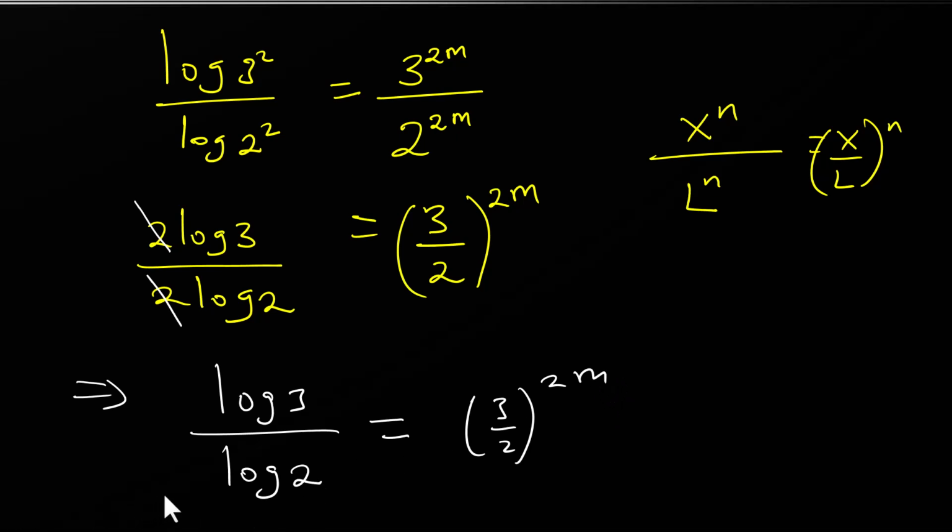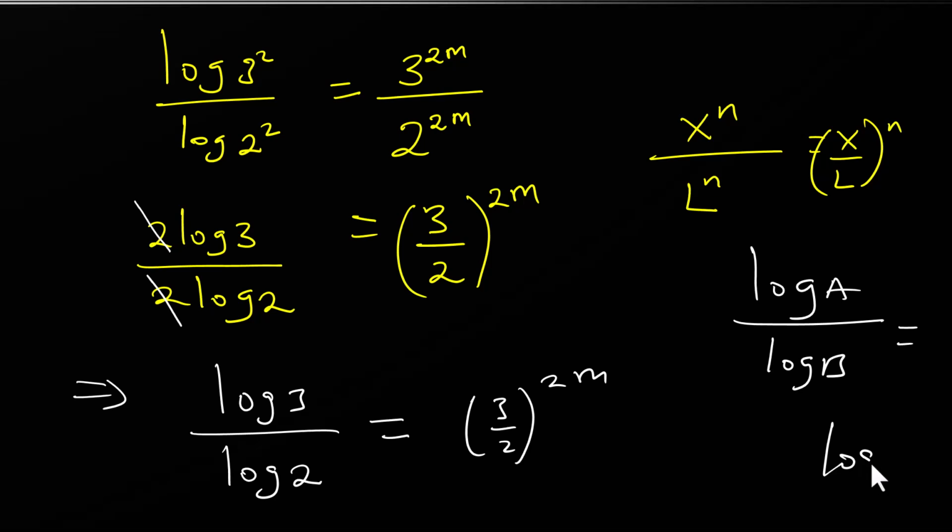Alright, now when we have log a over log b, it is the same as log a to base b. So check this one. Log 3 on log 2 is the same as log 3 to base 2 per change of base.